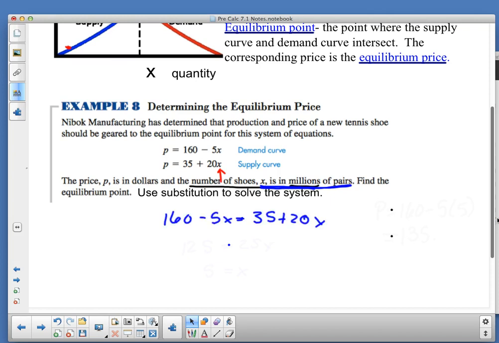Keep in mind the sweet spot, where do they meet? One's demand, the other supply, I got a sweet spot. Well, this is a system of equations. I set them equal and I solve.